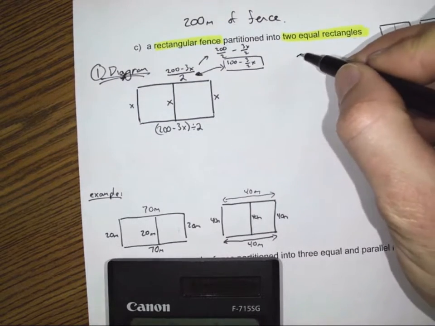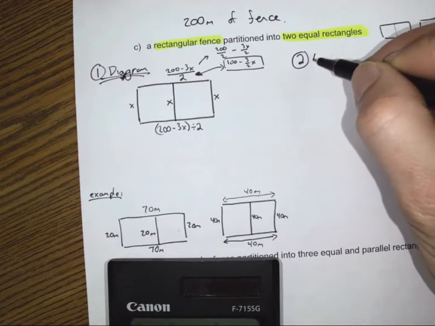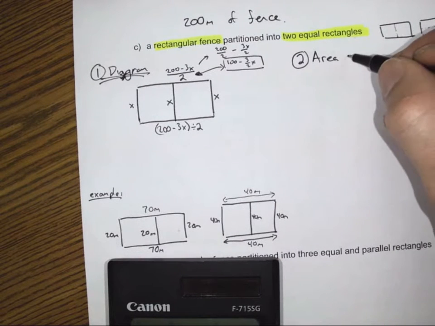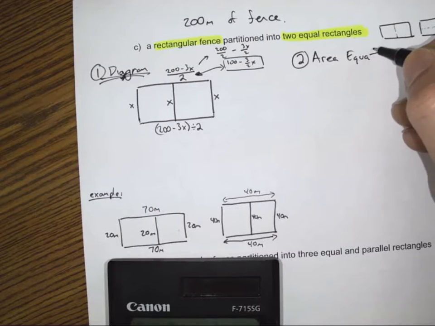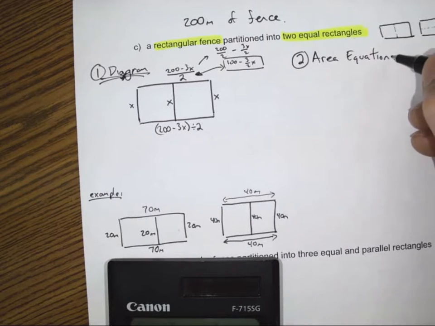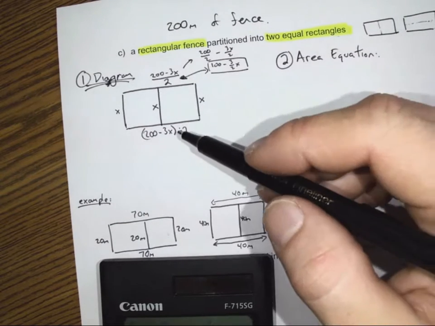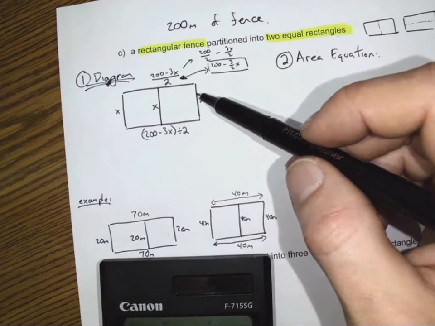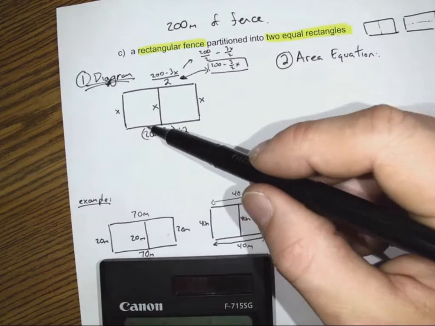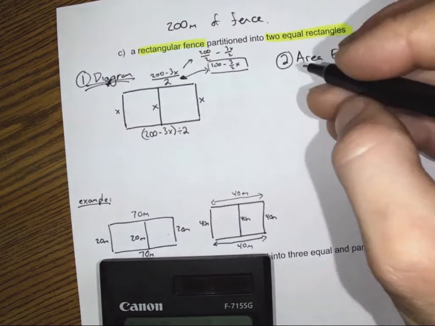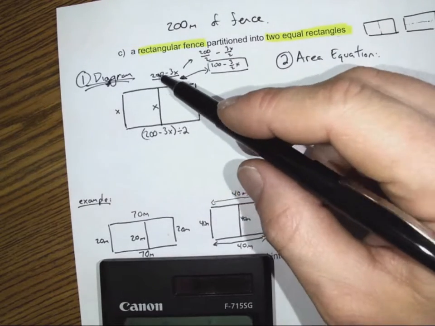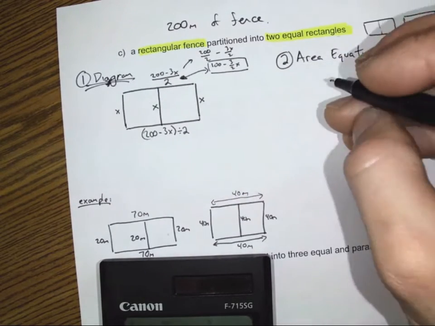So the next thing we'll do is start with an area equation that we're going to maximize. Obviously area is length times width again, so we're going to have a length of x and a width of (200 minus 3x) over 2.